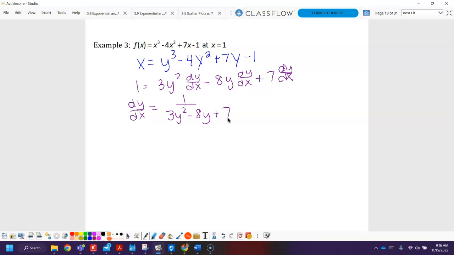So the derivative has all y's, but on the original I have all my x's, right? So this is like saying f of 1 equals. So on the original, we have the point.